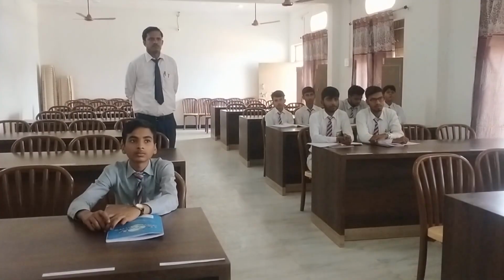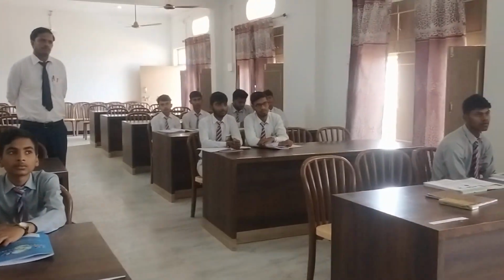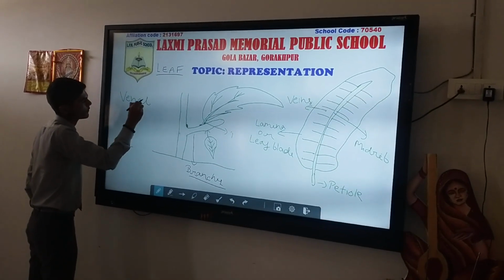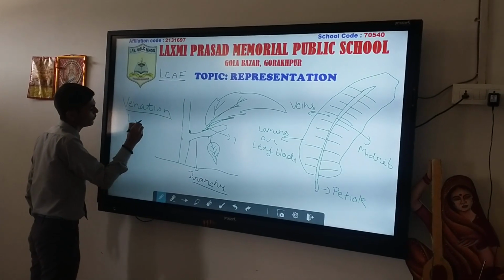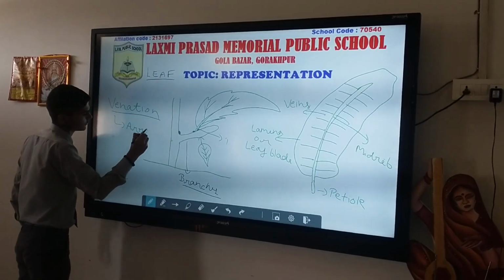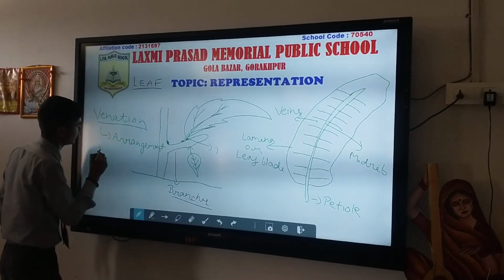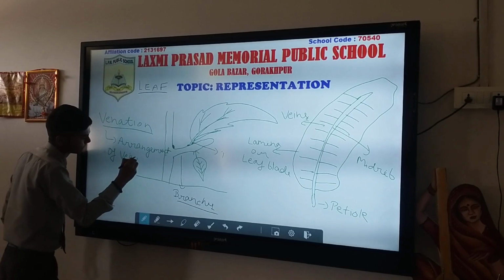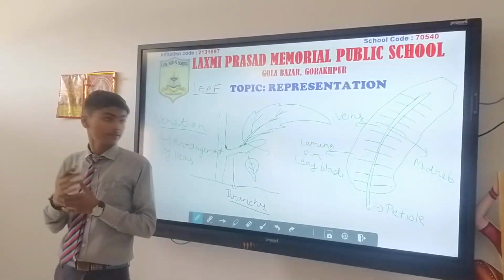And basically these veins are arranged in two orders. Venation is the arrangement of veins. The arrangement of veins in our leaf is known as venation.